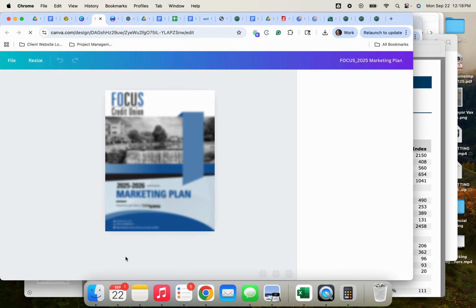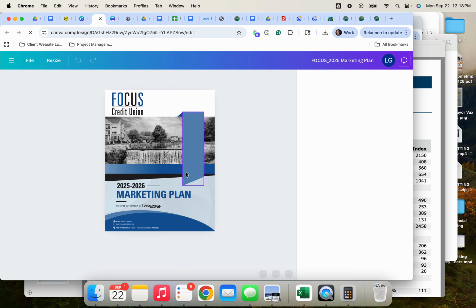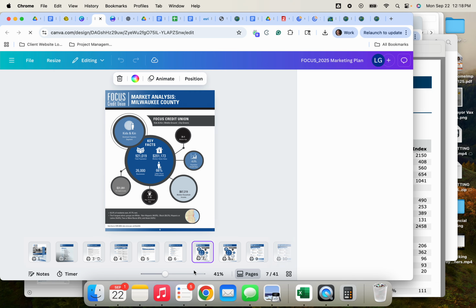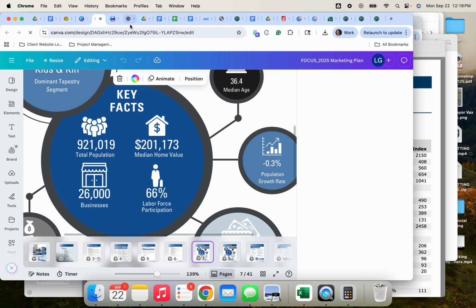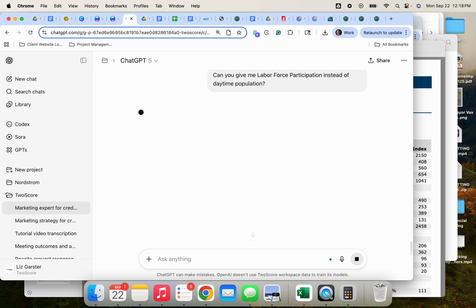All right, so for focus, we put labor force participation. Can you give me labor force participation instead of daytime population? Let's see what it gives me there.